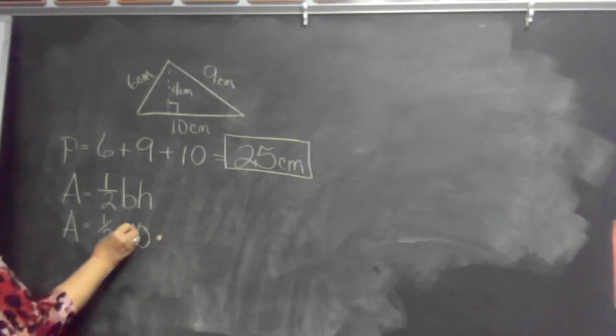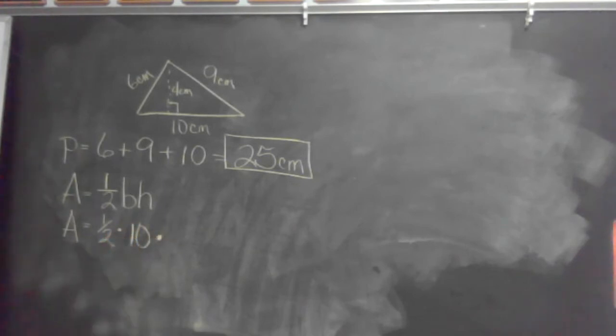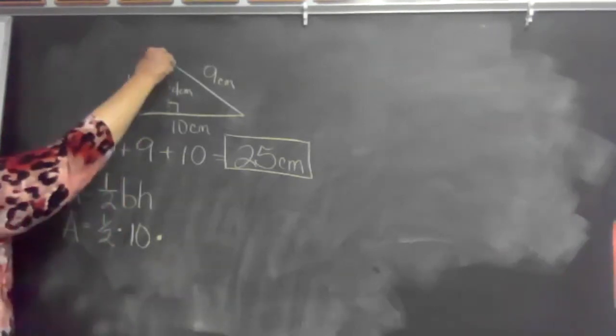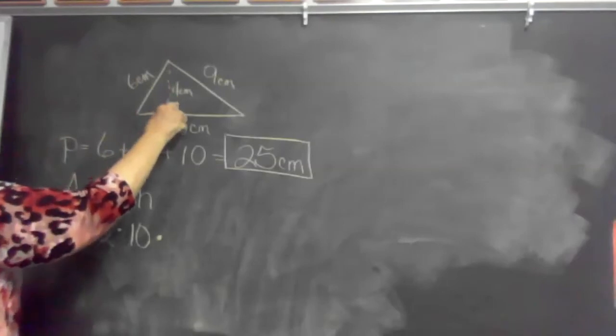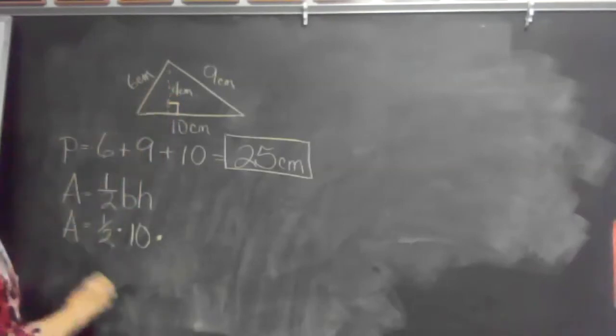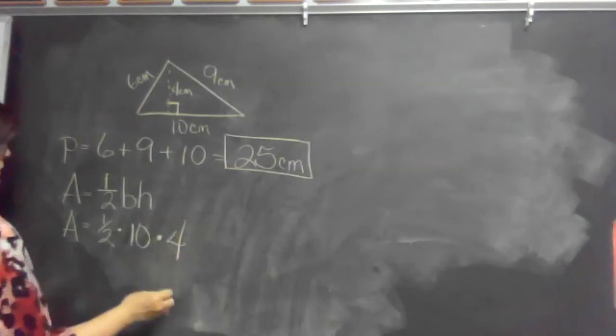Times, now be careful of the height. The definition of the height is that it has to be perpendicular to the base. So what's the height? The 4. See, it comes from the top of the triangle. It's the one that has to be perpendicular to the base. You're correct, Josh. Thank you.